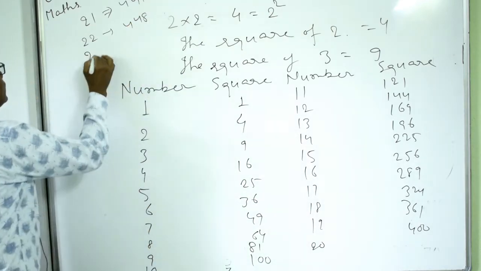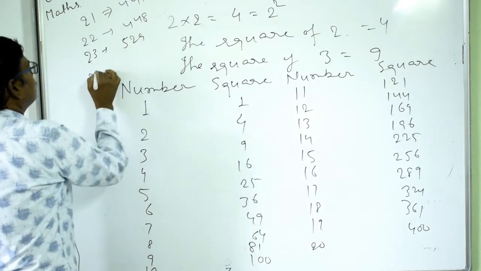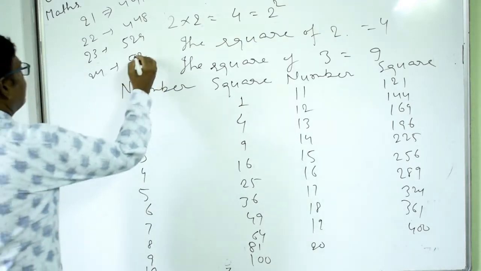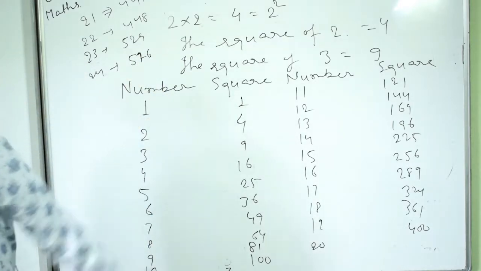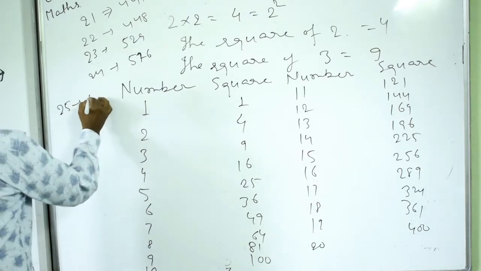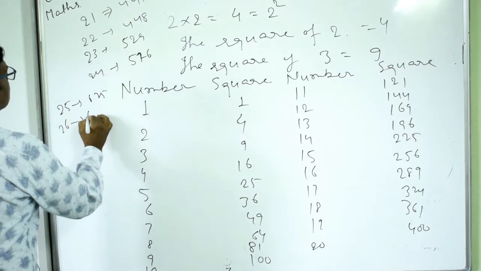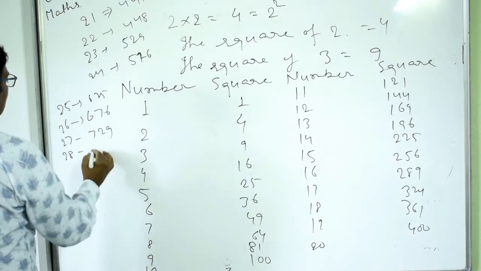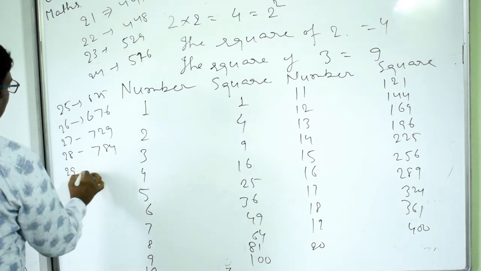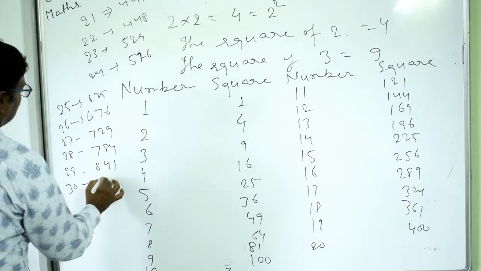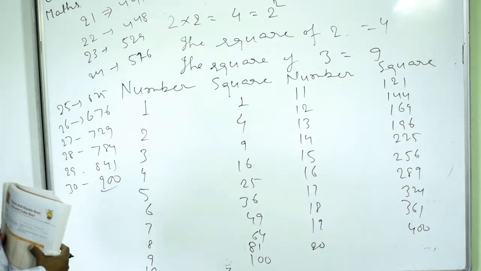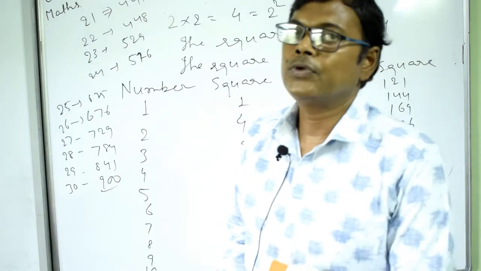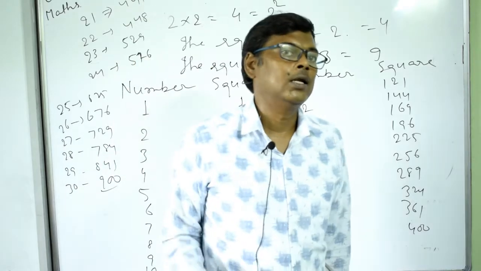The square of 23 will be 529, 24 square will be 576, the square of 25 will be 625, 26 will be 676, 27 will be 729, 28 will be 784, 29 will be 841, and 30 is 900. So here I have written the squares of the numbers from 1 to 30. If you learn the squares of these numbers, it will be helpful to you.